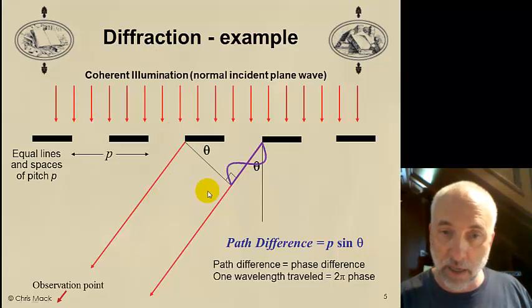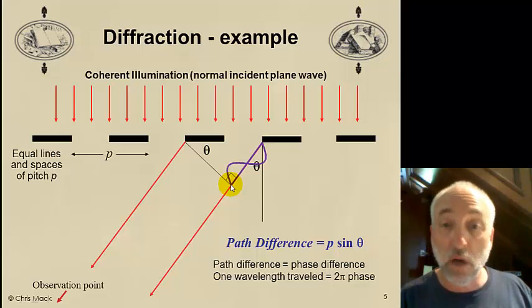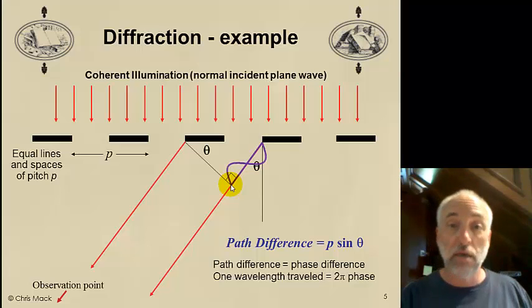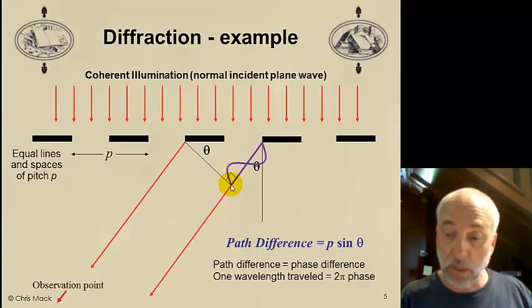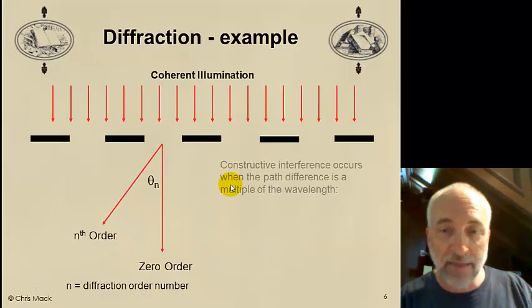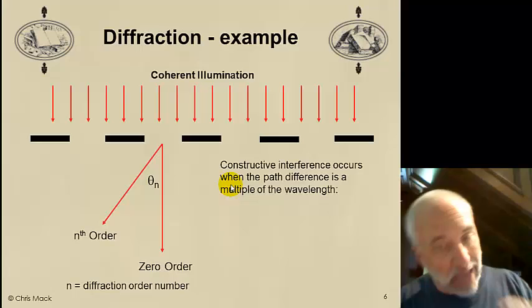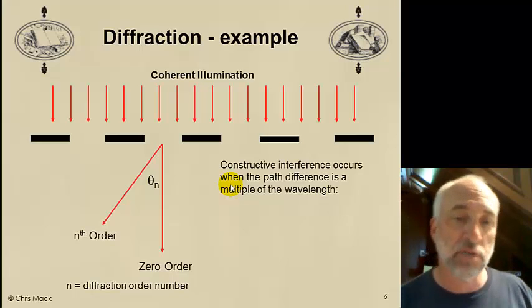They stay in phase. So if this path difference is a wavelength, then I will get constructive interference. In fact, if the path difference is any multiple of the wavelength, I will get constructive interference.